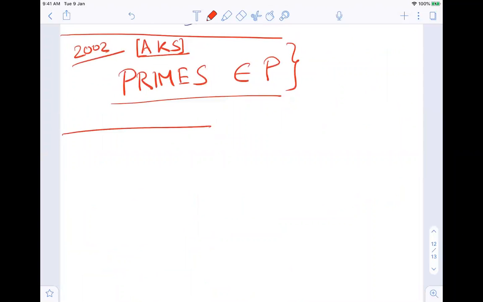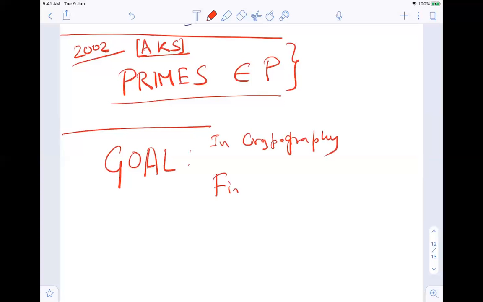So one of the big goals in cryptography is to find a large prime.